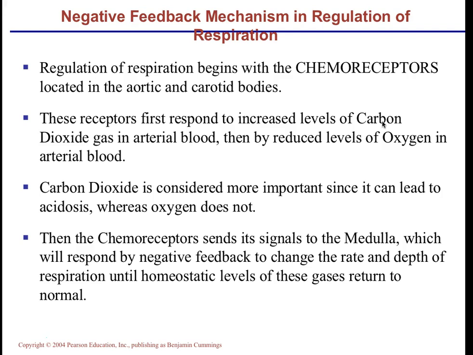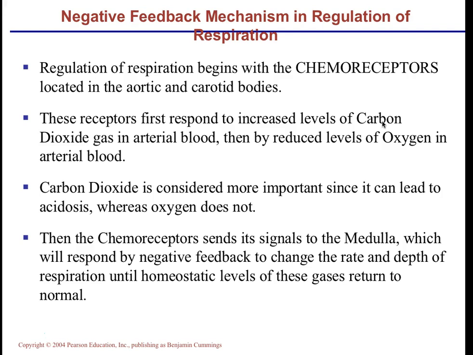So why the difference? The difference has to do with the fact that carbon dioxide gas can be a source of acid, and we are acidotic creatures. We are omnivores. We eat carbohydrates, fats, proteins, nucleic acids along the way. And because we are omnivores, we tend to make more acidic waste products than alkaline waste products.